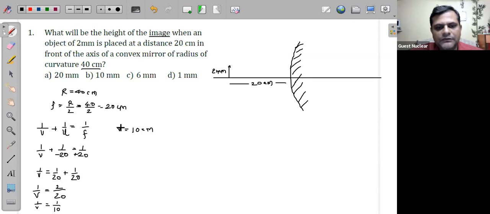Okay, so once we get this v, we can get the image height also just by using the formula for magnification. Magnification of a convex lens, convex mirror, is always given by one formula, the basic formula is h'/h, which should be equal to -v/u.